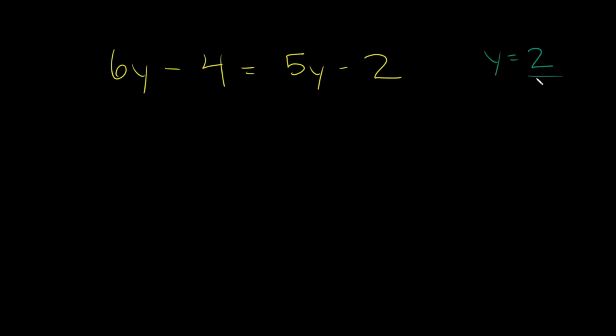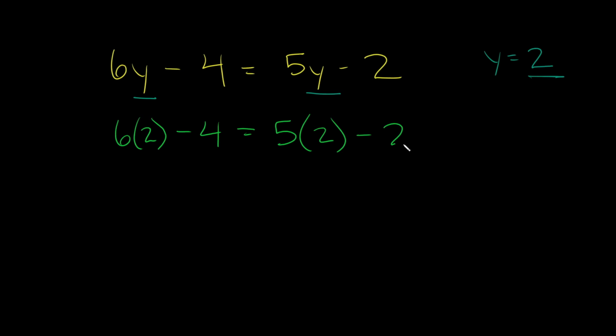So wherever I see a y, I'm going to plug in a 2. I'm going to plug in a 2 here, and I'm going to plug in a 2 here. So I'm going to have 6 times 2 minus 4 is equal to 5 times 2 minus 2. All right, I plugged it in. Now let's simplify this and see if it fits.